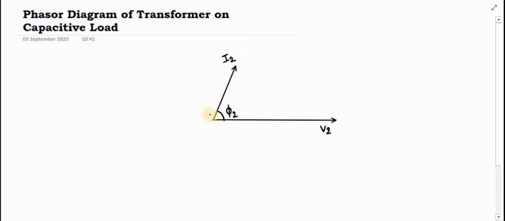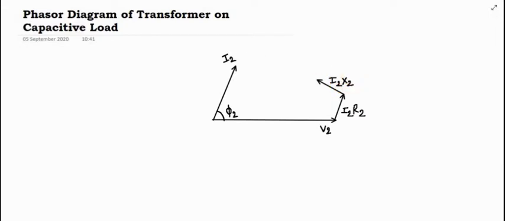Right. Now in parallel with I2, I will mark I2 R2 drop. And perpendicular to I2, I will show I2 X2 drop.